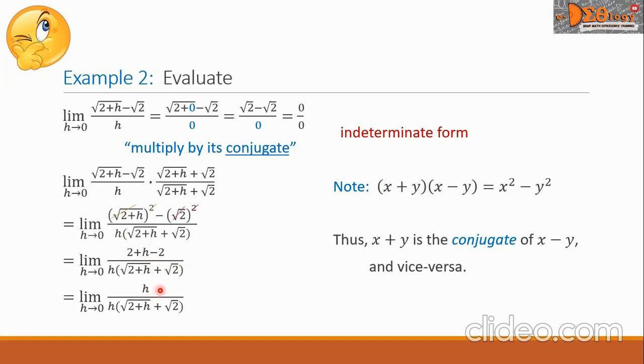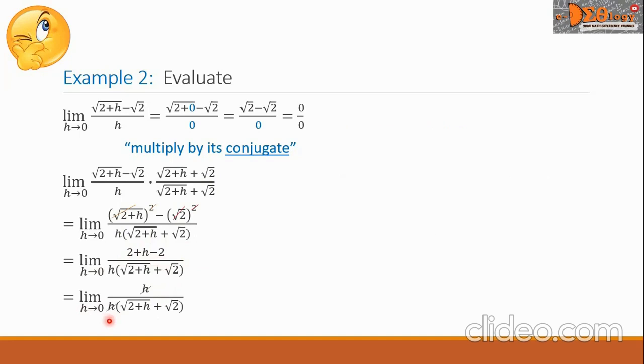Now observe that there is an h in the numerator and an h in the denominator that will cancel each other. Simplifying further, we have the limit of 1 all over the square root of 2 plus h plus the square root of 2 as h approaches 0.